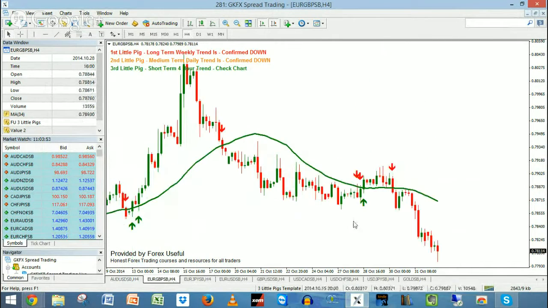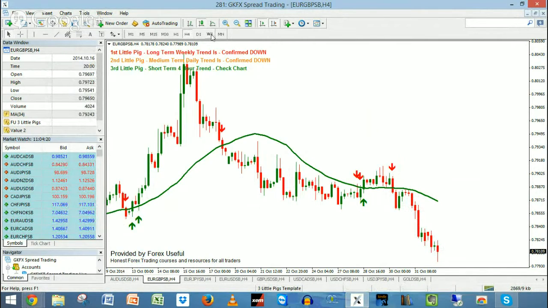And Euro GBP, I mentioned this in the newsletter, have a look at it. So we've got a nice entry here, around about 7,880 on Thursday, and with a stop loss of about 15 pips or something like that. I can't remember exactly what the initial stop was, but it was 15 to 20 pips or something. We're about 5% up based on 1% risk here.